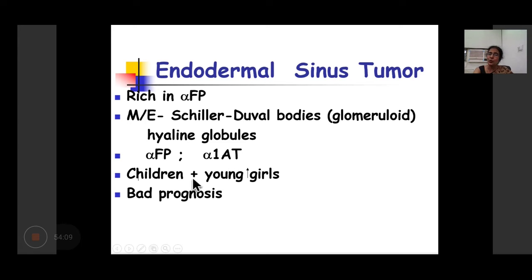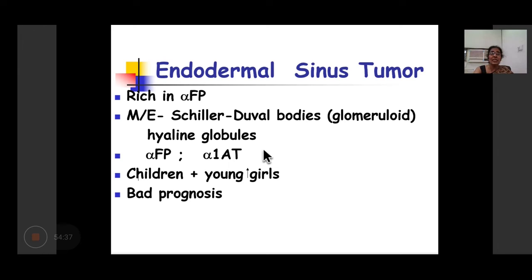This is also a tumor of young children, and the cells are rich in alpha fetoprotein and may sometimes even show alpha-1 antitrypsin. So the alpha fetoprotein and alpha-1 antitrypsin are secreted by the tumor cells and get aggregated within the cytoplasm and as extracellular material as pink hyaline globules. Fine. So those are the two characteristic features which can be seen.